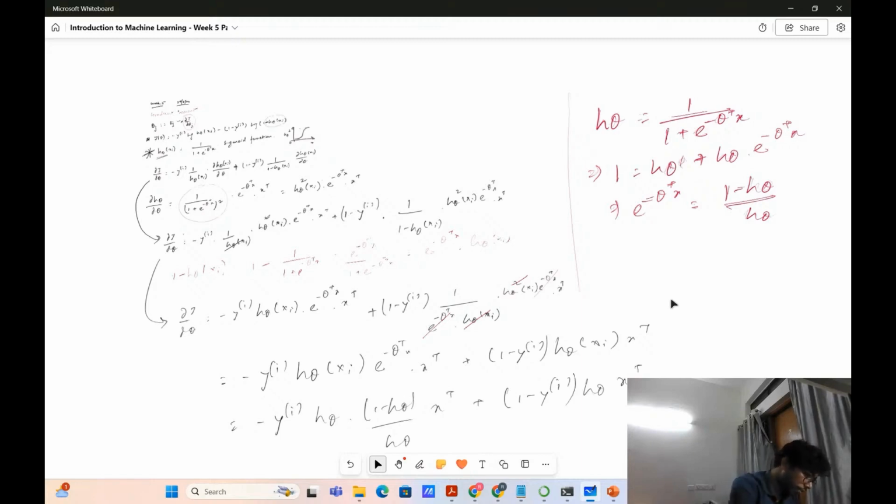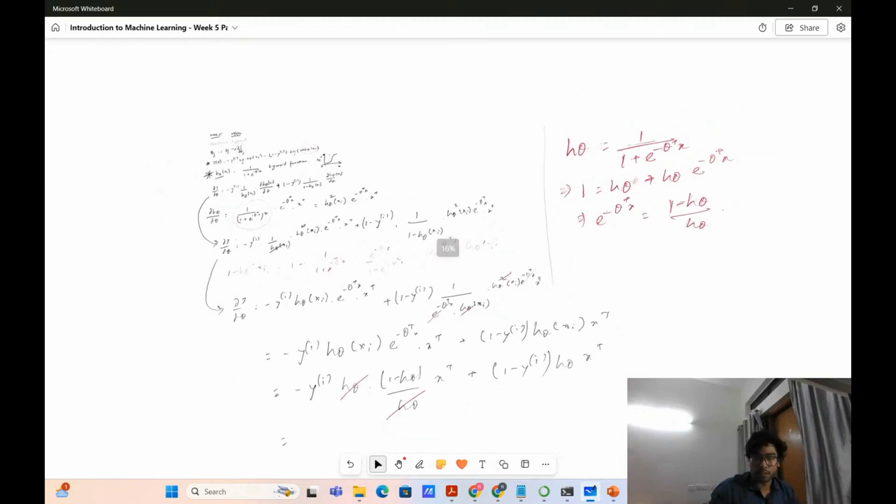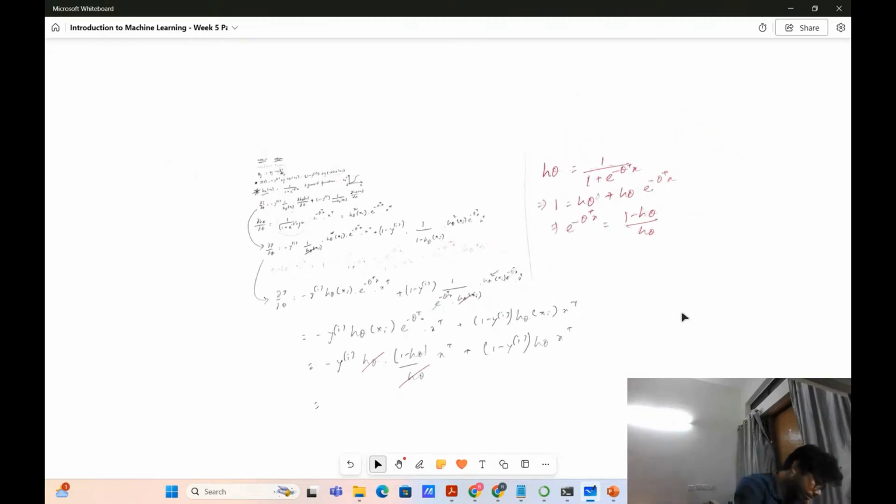So again, this h theta cancels, and you are left with minus yi 1 minus h theta x transpose plus 1 minus yi h theta x transpose, right? So this will give you minus yi x transpose minus h theta yi x transpose plus h theta x transpose minus yi h theta x transpose, right? So h theta yi x transpose cancels.